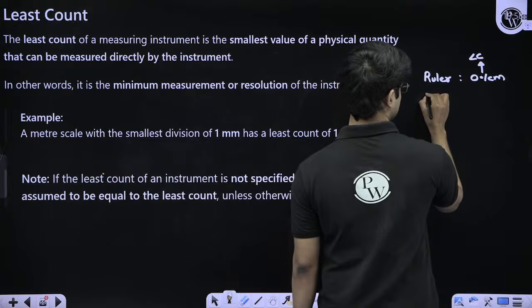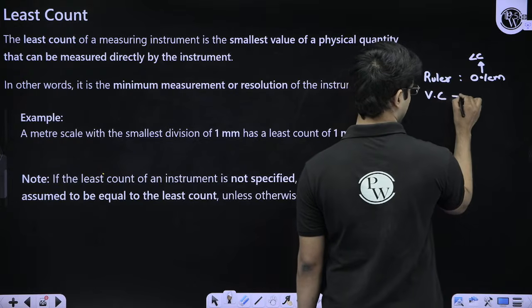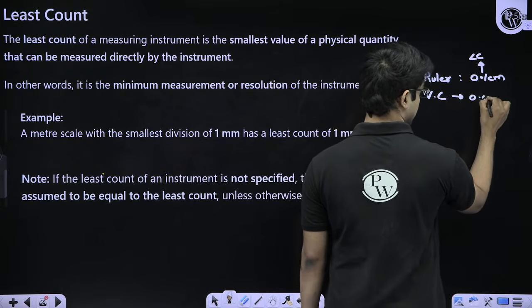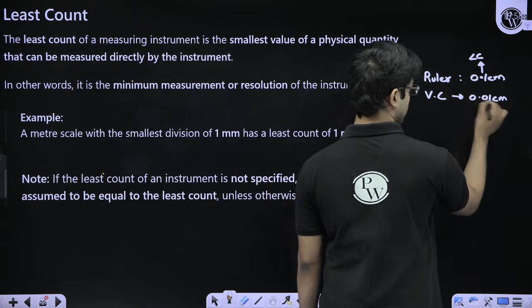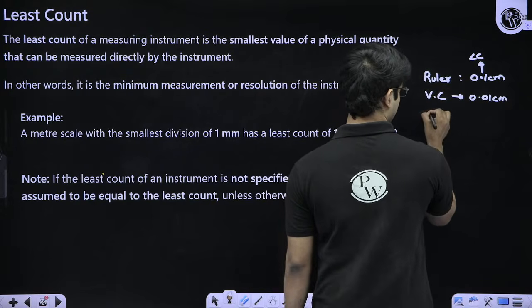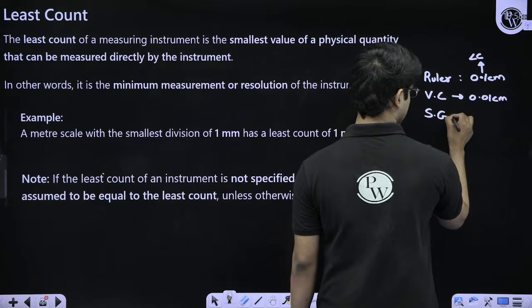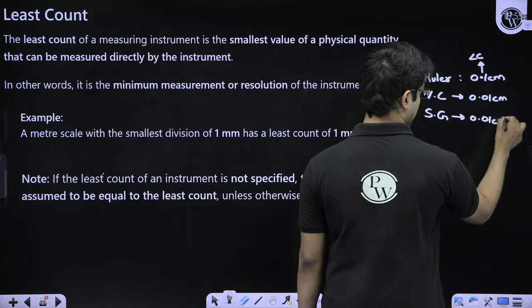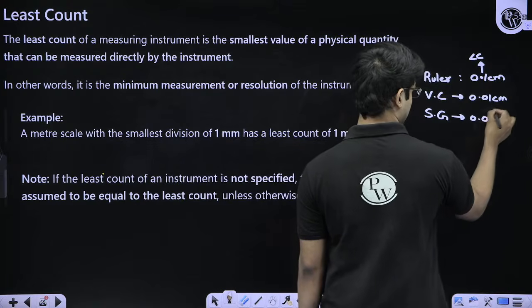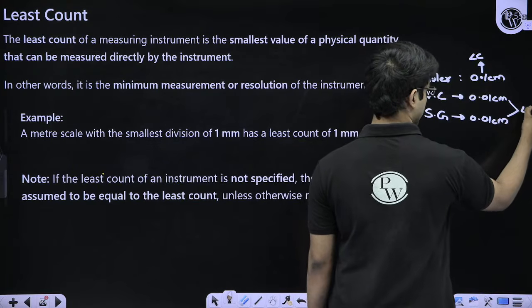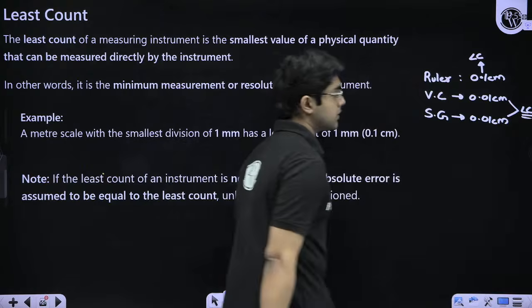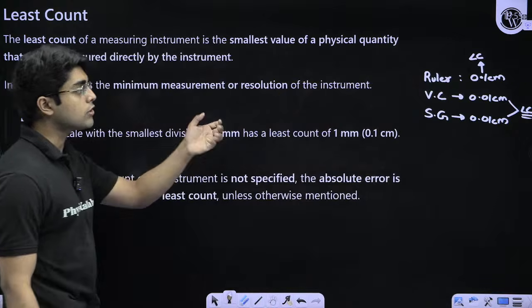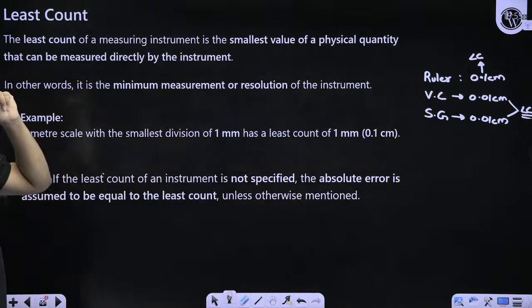And for the vernier caliper, the smallest length it can measure is 0.01 centimeter. So this will be the least count. And for the screw gauge, it can measure the smallest length up to 0.01 centimeter. So this will be the least count. So least count is basically for any instrument, what is the smallest value it can measure? That is the least count.